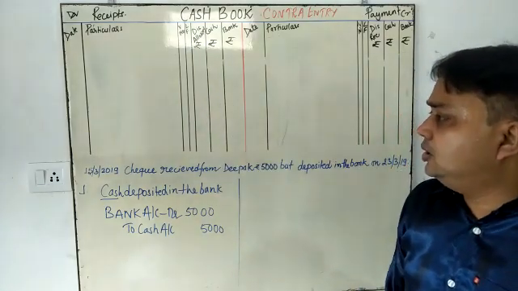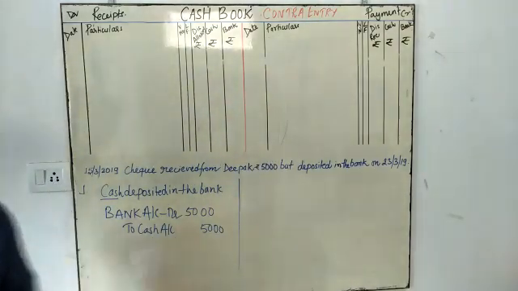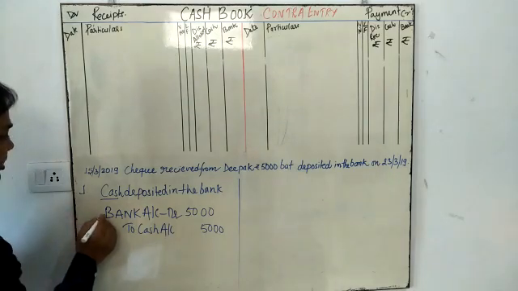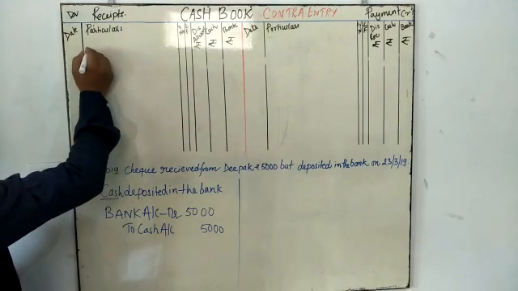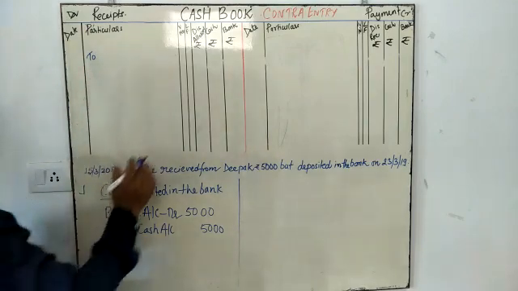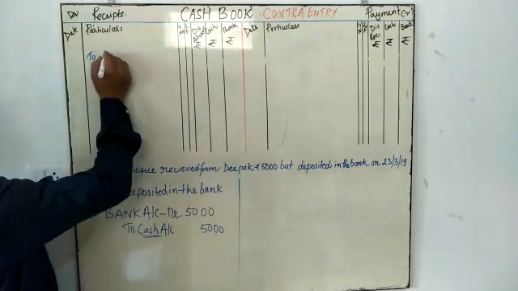So how do you put it? You see the bank column is where? The bank column is on the debit side. So you move to the debit side here. In bank you will write the reason, to cash.